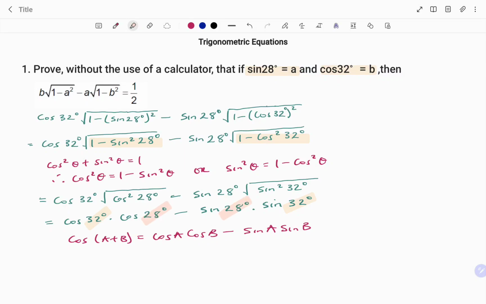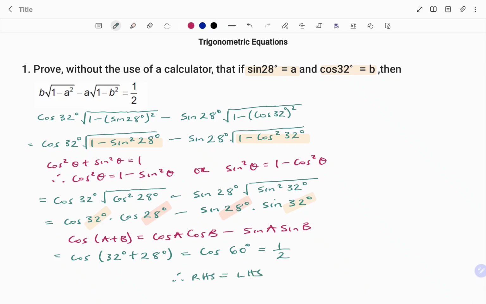So applying the rule, I have cos 32 degrees plus 28 degrees, and that's equal to cos 60 degrees, and using my special angles, I have that to be 1 over 2. Therefore, my right-hand side is equal to my left-hand side.